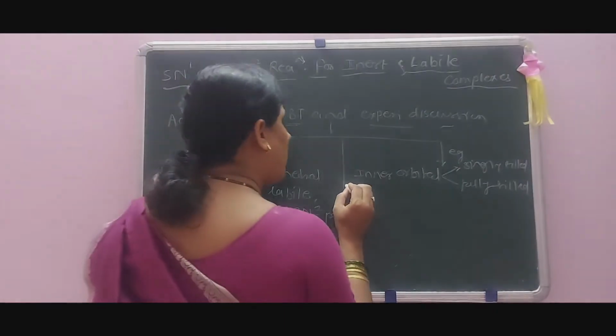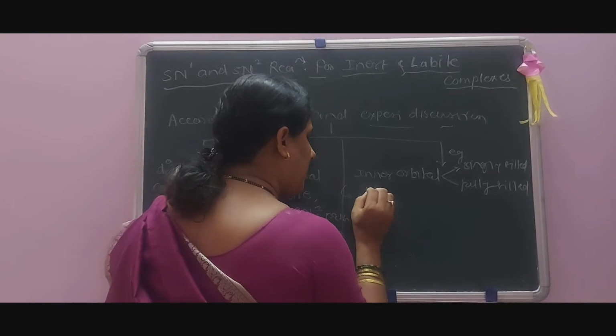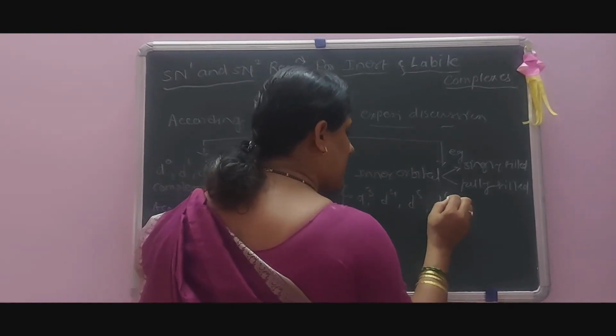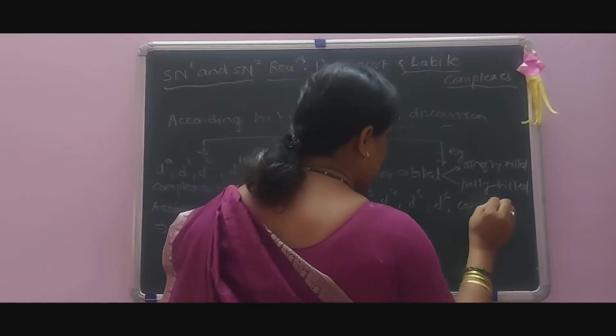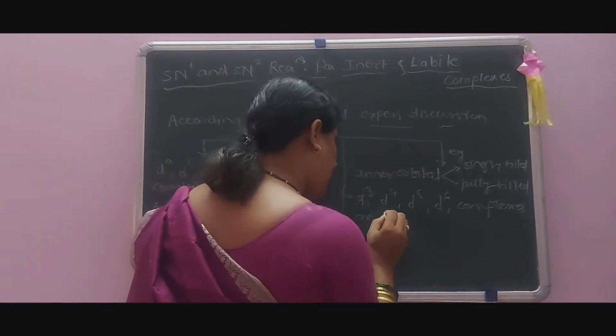Therefore, the octahedral complexes of the type D3, D4, D5 and D6 are inert ones.